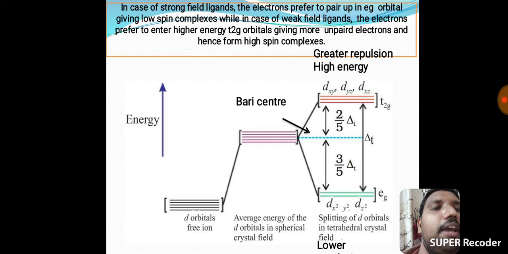That's why 2 by 5 del T. Another way is from the barycenter to the E orbital: total orbitals are 5, that is the denominator, and out of these 5 orbitals, 3 orbitals are excited. That's why 3 by 5 del T. These are the crystal field stabilization energy values of a tetrahedral complex.